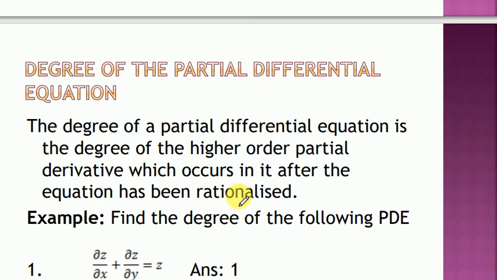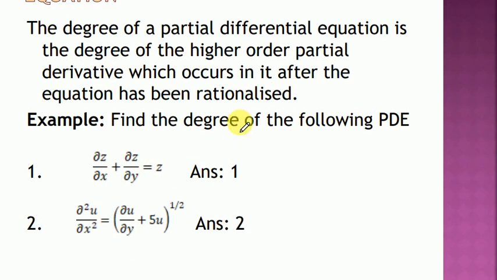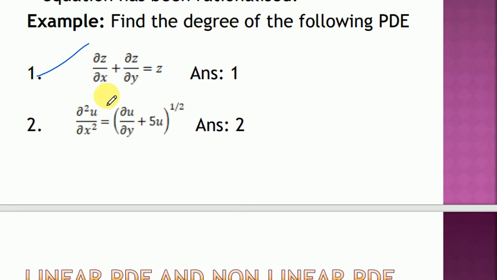The degree of the partial differential equation is the degree of the highest order partial derivative, provided that the partial differential equation is in rationalized form, that means free from radical signs. So in the first example, the partial differential equation has degree 1, and in the second one it is not in rationalized form.